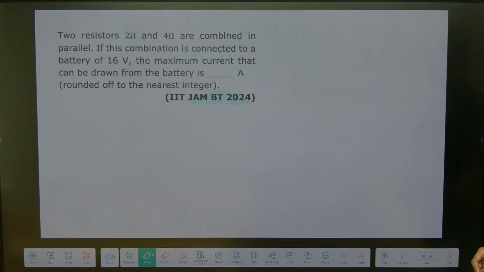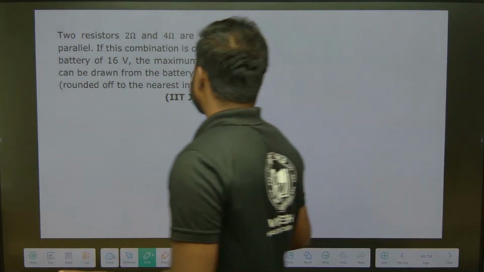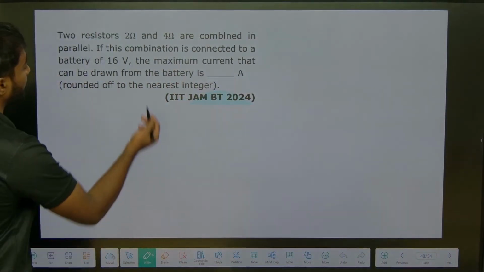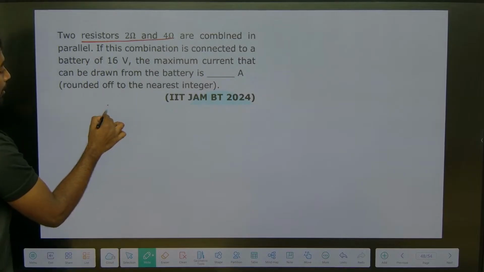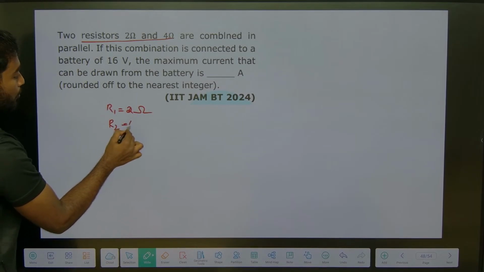The next question: 2 resistors, 2 ohm and 4 ohm, are combined in parallel. This combination is connected to a battery of 16 volt, and we need the maximum current that can be drawn from the battery. R1 equals 2 ohm and R2 equals 4 ohm.